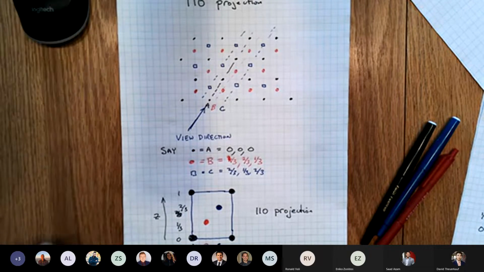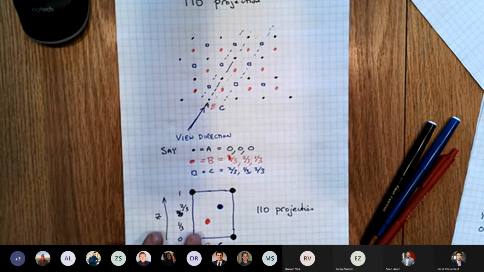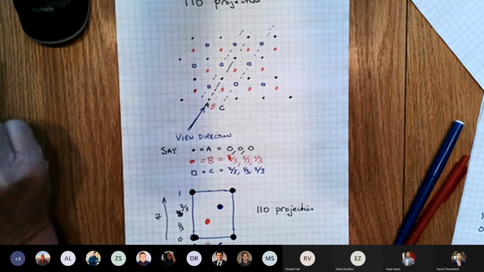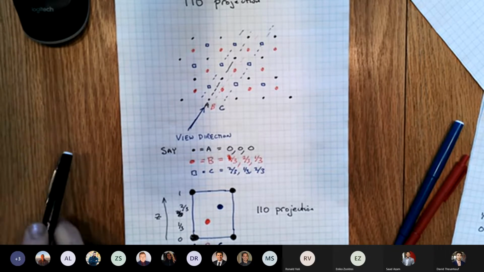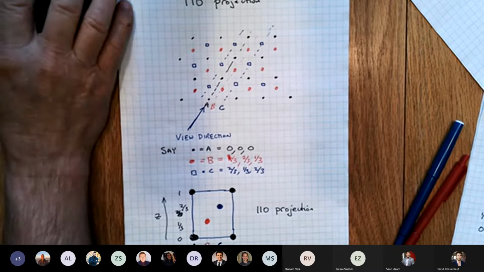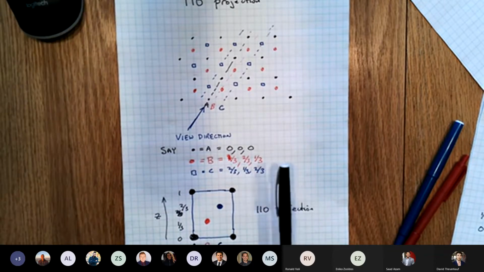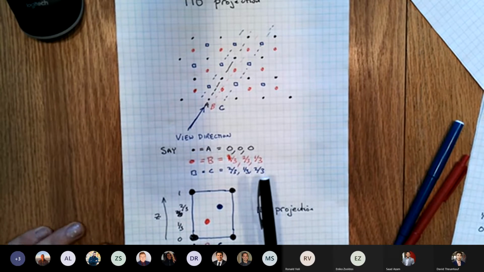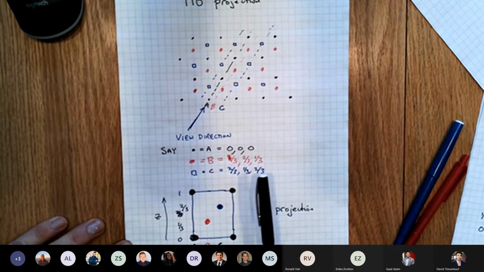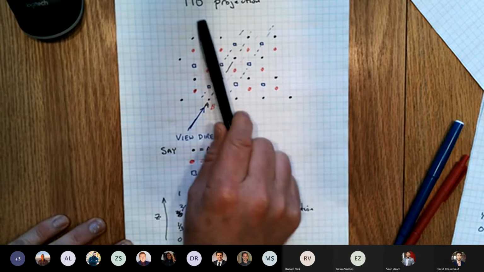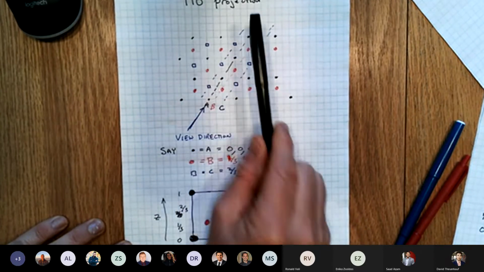So I just want to use my document camera for a minute to talk a little bit more about this close packed structure. So you have to let me know if it's hard to see what I'm doing, because I only see the small view of my document camera while I'm talking about it. So there's a really nice way to look at these close packed structures, and that's by viewing what's called a 1-1-0 projection.